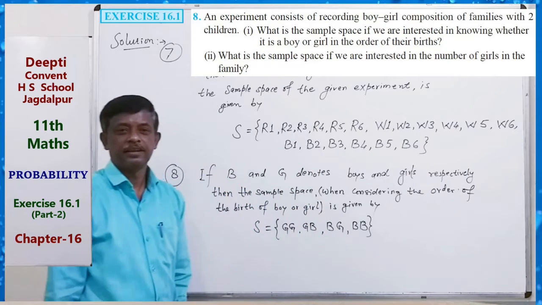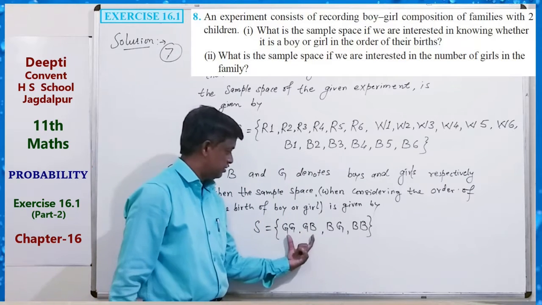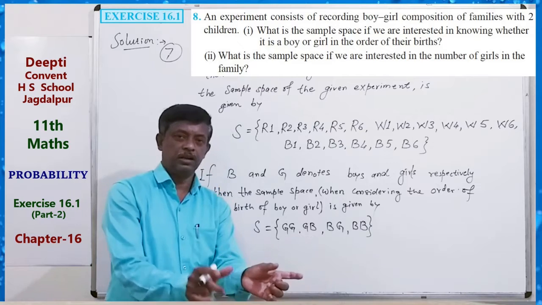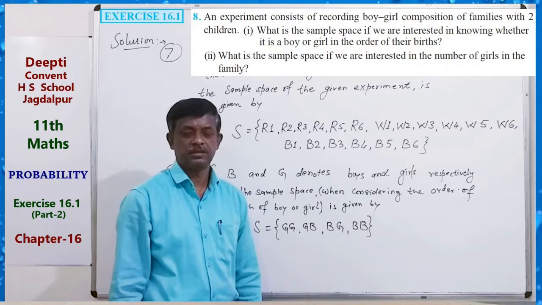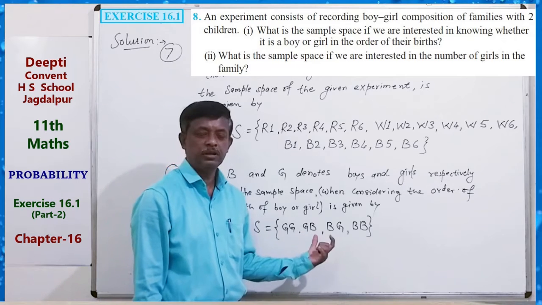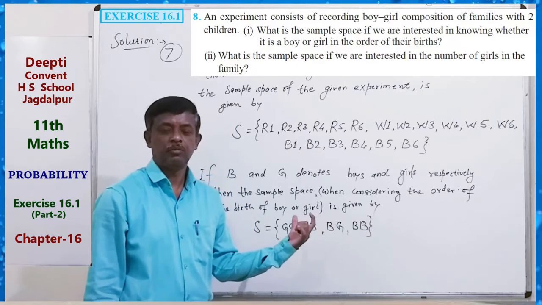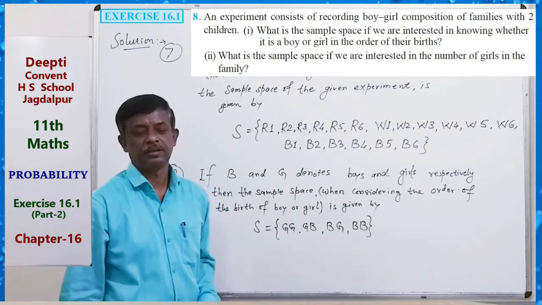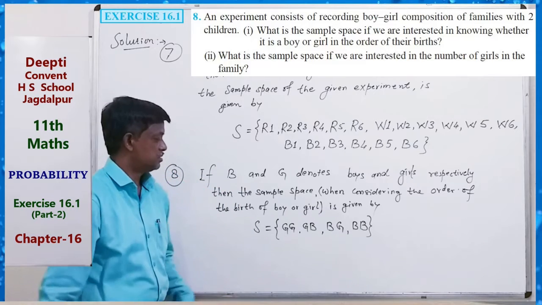If both are boys, then this; both are girls, then this; girl boy and boy girl, then this will be the sample space.